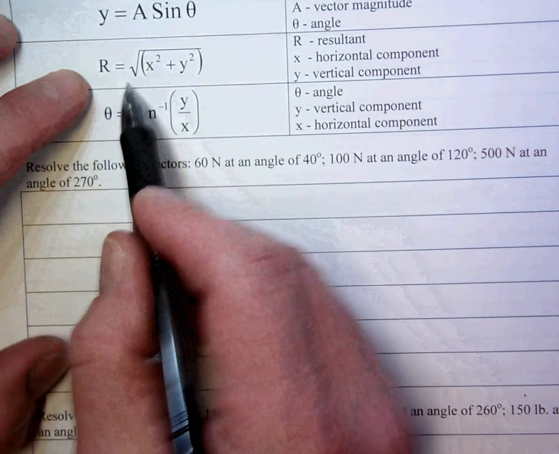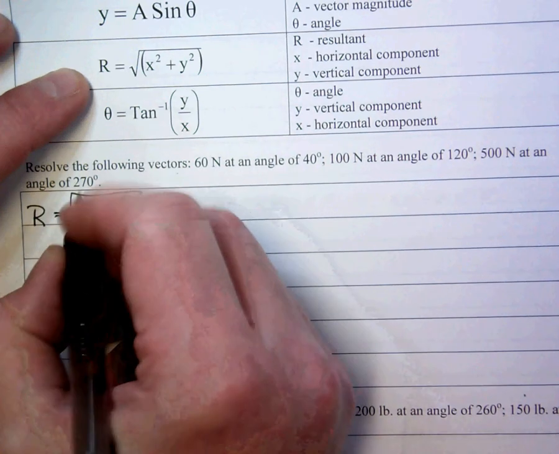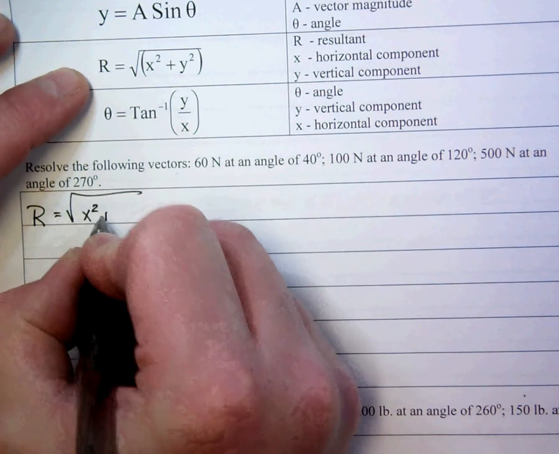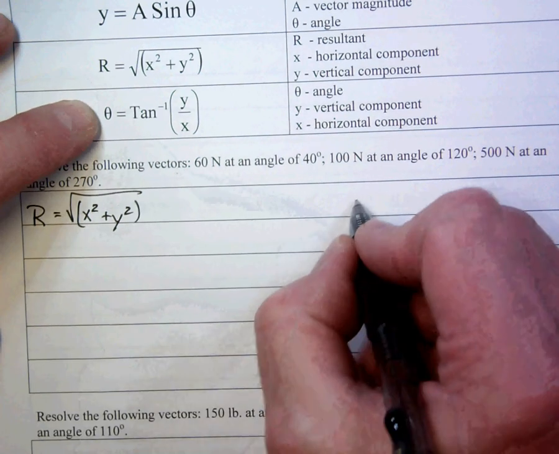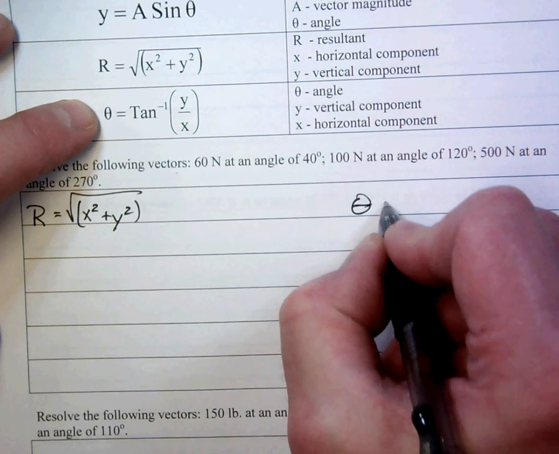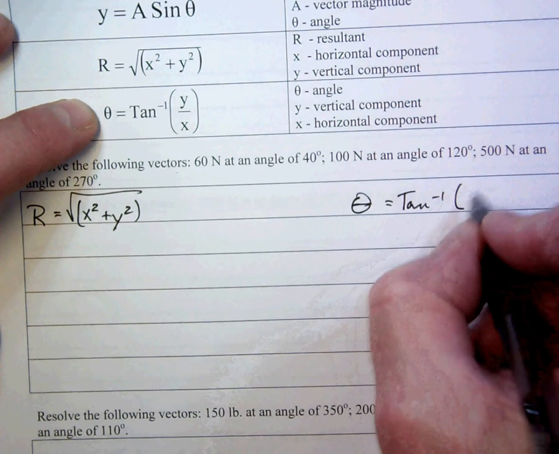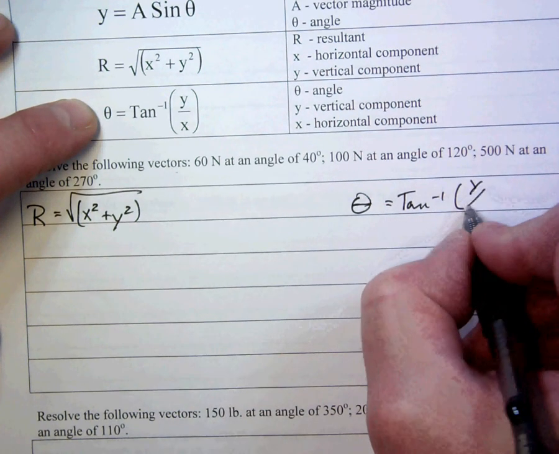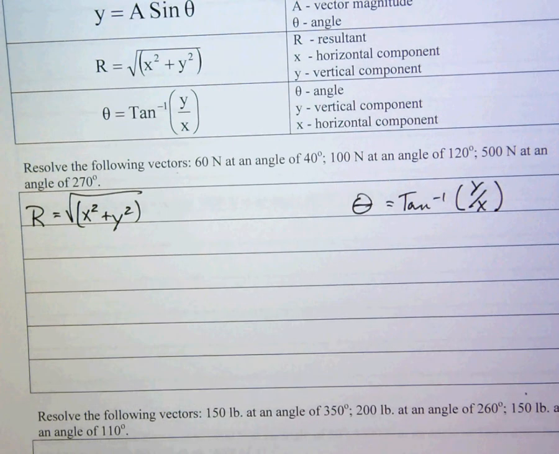So actually the net is the r, and that's the square root of x squared plus y squared. And I want to know the angle, which is theta equal to the inverse tangent of y over x. Now we need to find the x and y components.